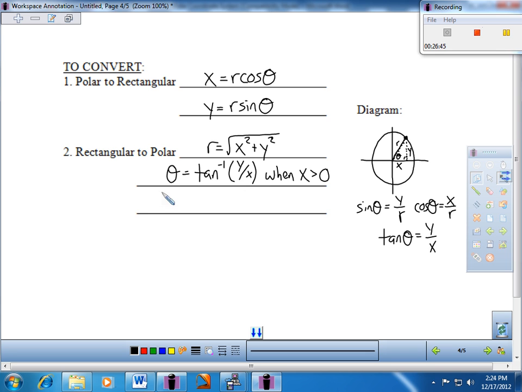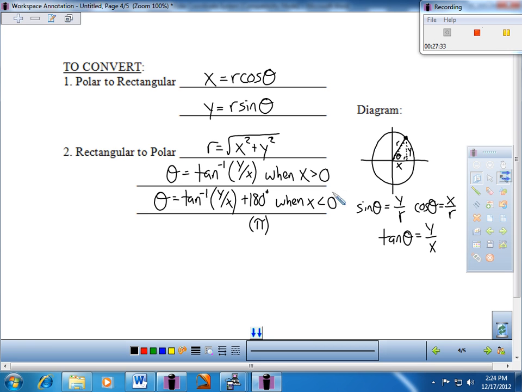But when x is negative, we have to do a little something else. So this is just a rule of thumb you're going to have to apply. You have to get it into the right quadrant. And by the way, if we were in radians, I'm just going to put a pi below that, because pi radians is 180 degrees. So I'm putting a little pi right there. And this would occur when x is negative.